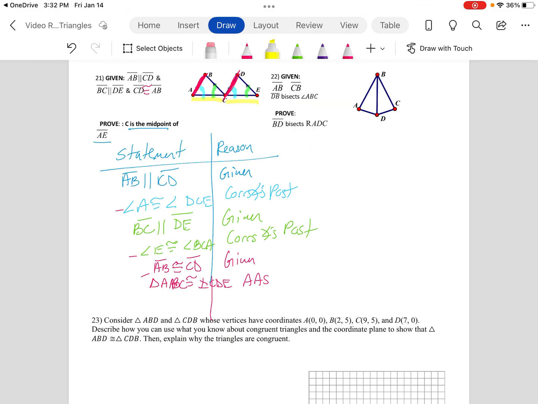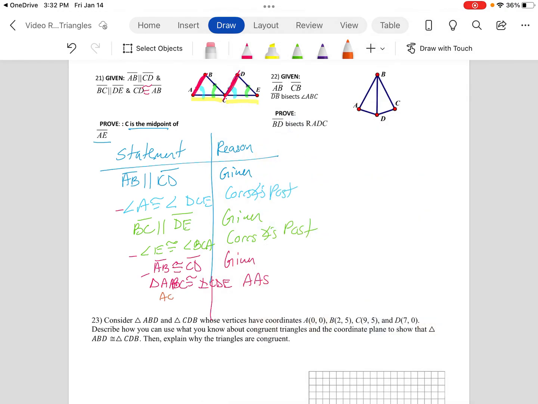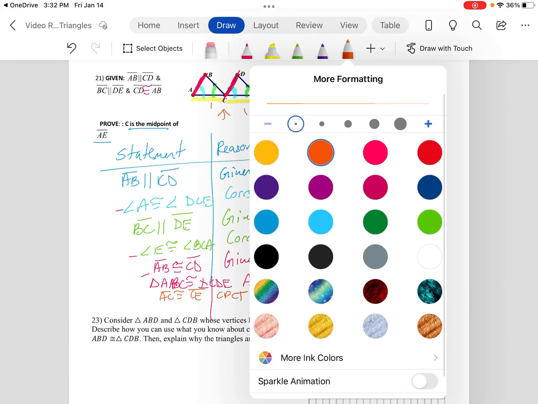Now, that said, if I know that those are congruent, then I also know that AC would have to be congruent to CE because corresponding parts of congruent triangles are congruent. So I know that AC would be congruent to CE. That's CPCTC. If those two parts are congruent, then C must be a midpoint by the definition.